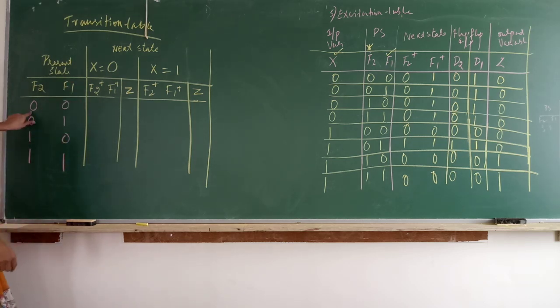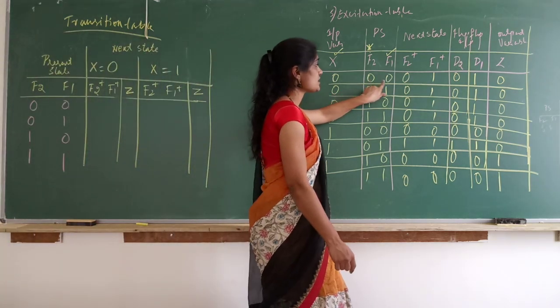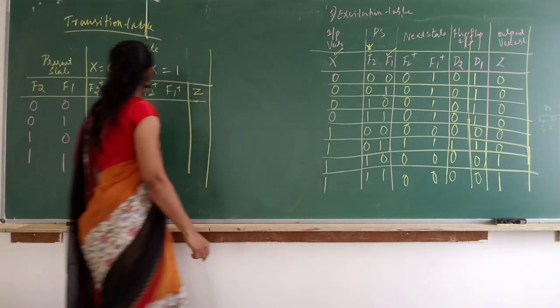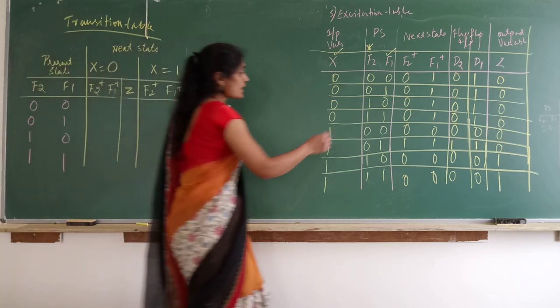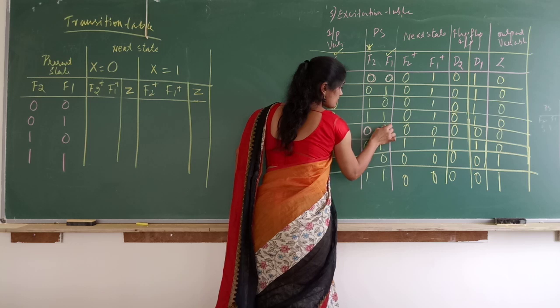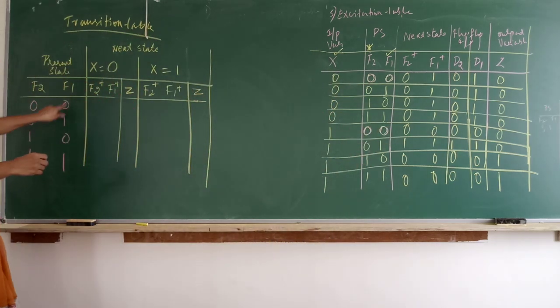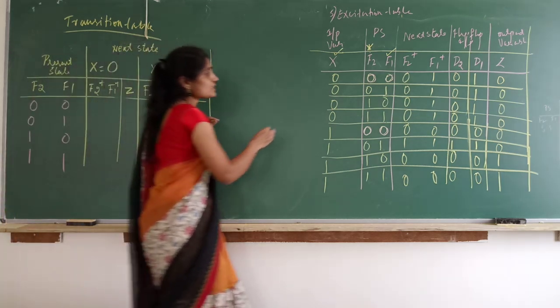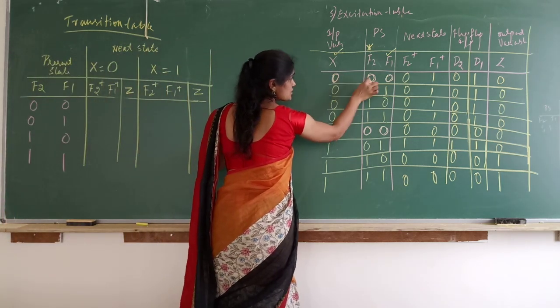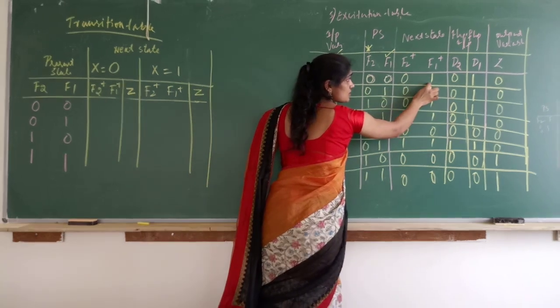If the present state is 0,0, mark where you have present state as 0,0. Am I correct? So if the present state is 0,0 and X is 0, what is the next state? 0,1.